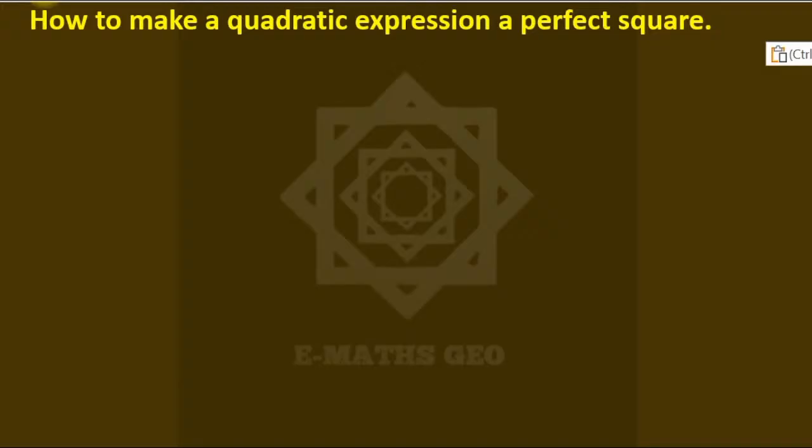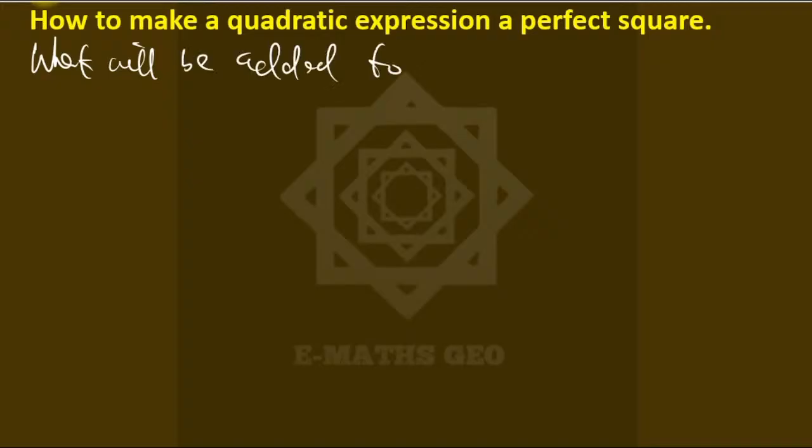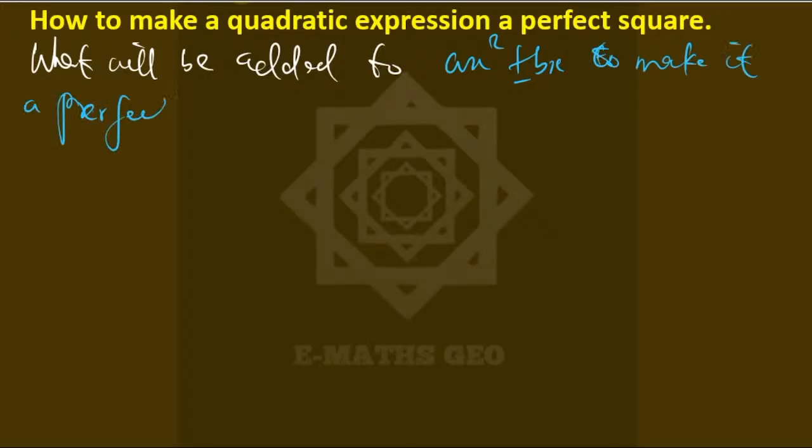So look at this picture. If someone asks you, what will be added to a x squared plus or minus b x, a quadratic expression, to make it a perfect square?